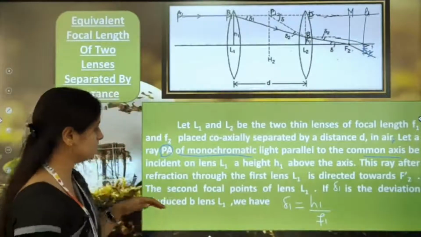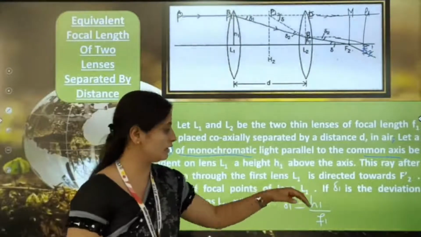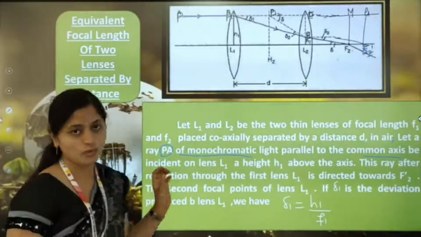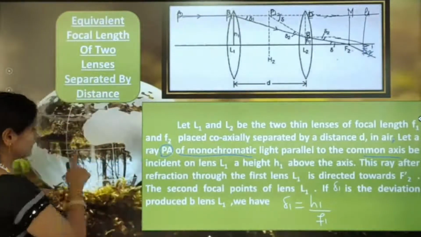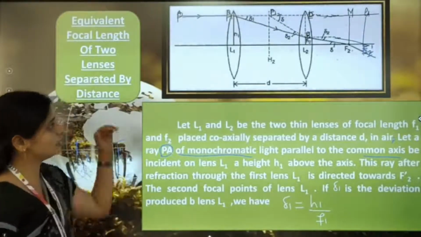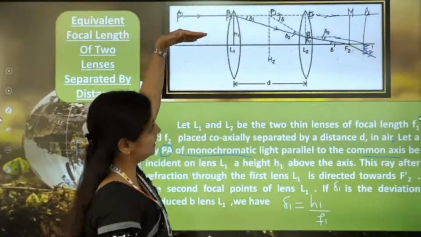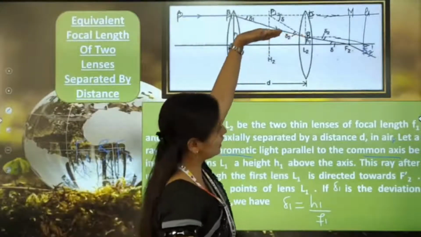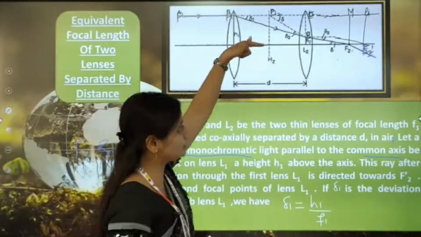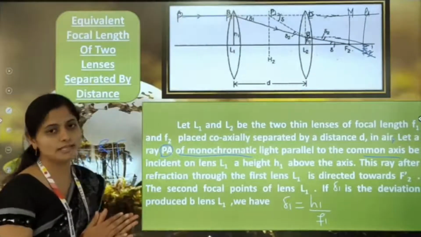F2 dash is the second focal point of the lens L1. Already we know that the first focal point is F1 and the second focal point is F2. The ray incident on the first lens, after refraction, goes towards F2 dash, crossing the second focal point of lens L1.